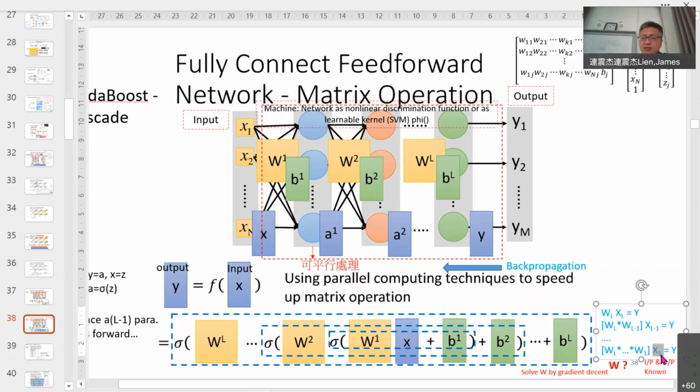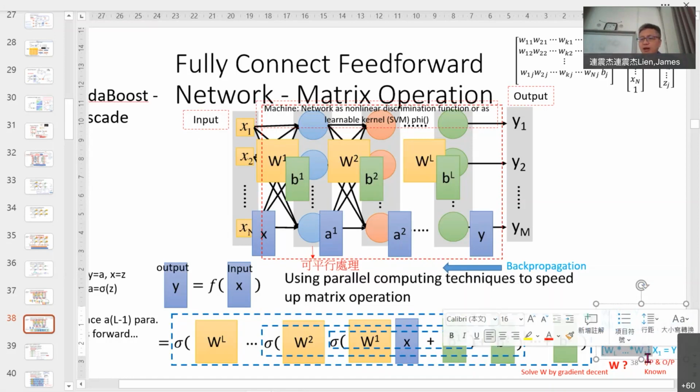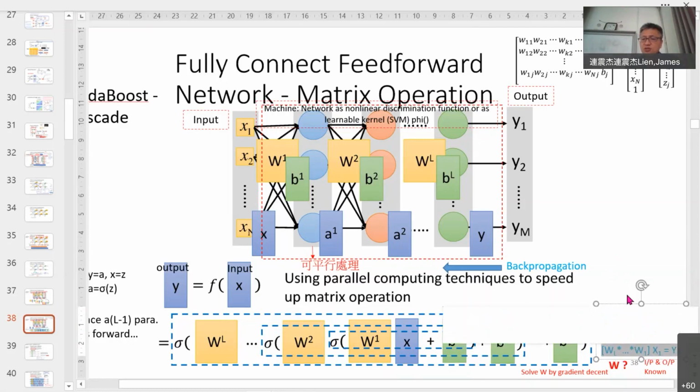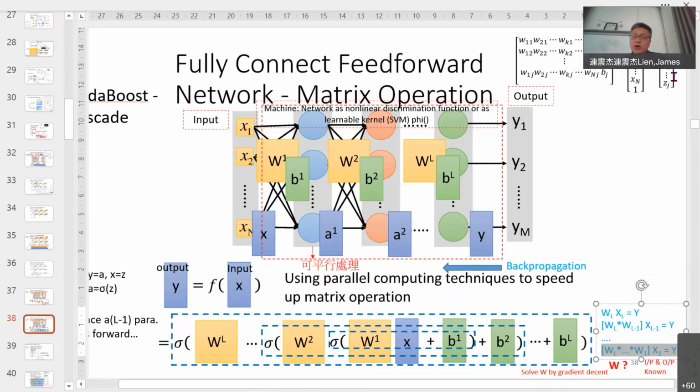The first layer input will be X1, and inside are all the parameters you don't know and want to optimize. So when we rewrite the math expression like this, all the unknown parameters are on one side, the initial input is here, and the final output is y, the ground truth. Your input and output are fixed, and you just optimize this. The math is propagated layer by layer, one layer wrapped inside another.